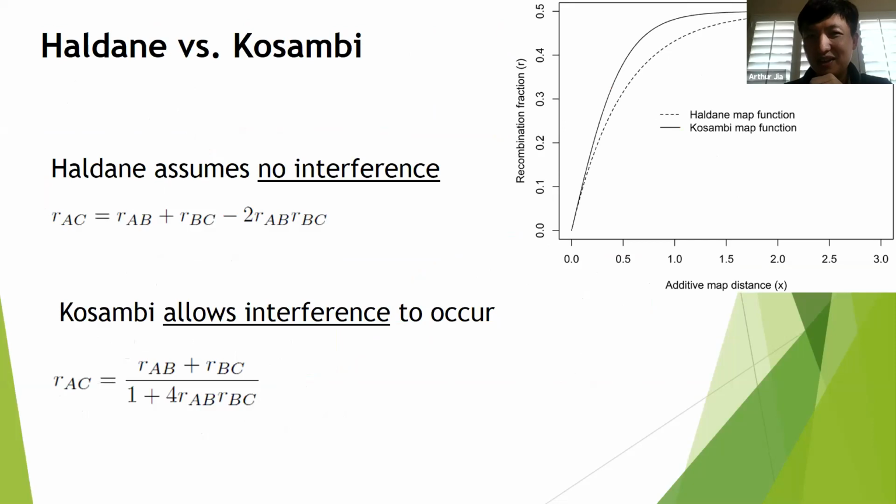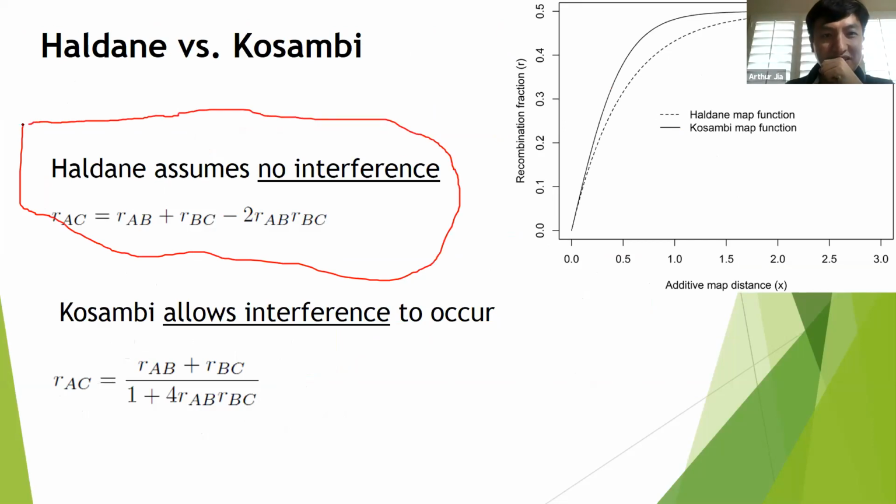Now this slide shows the difference. In the Haldane, you're going to see there's no C here, because C equals 1. This is the map function: the map distance between A and C equals the map distance between A and B plus the map distance between B and C minus something, but there's no C because C equals 1.